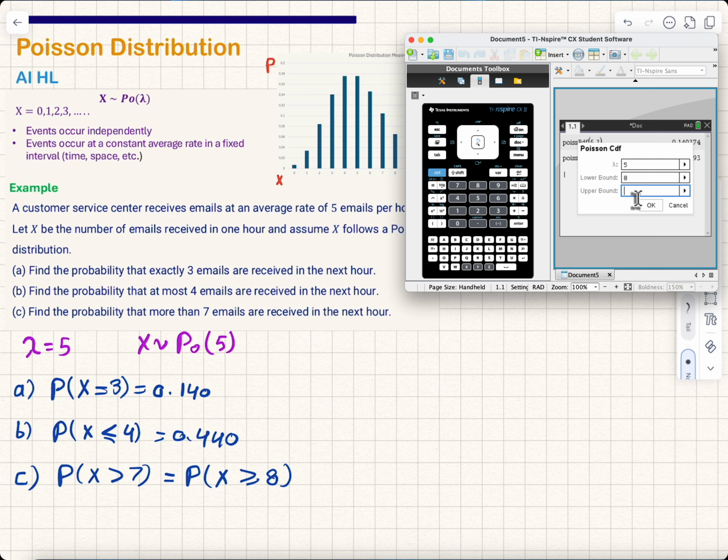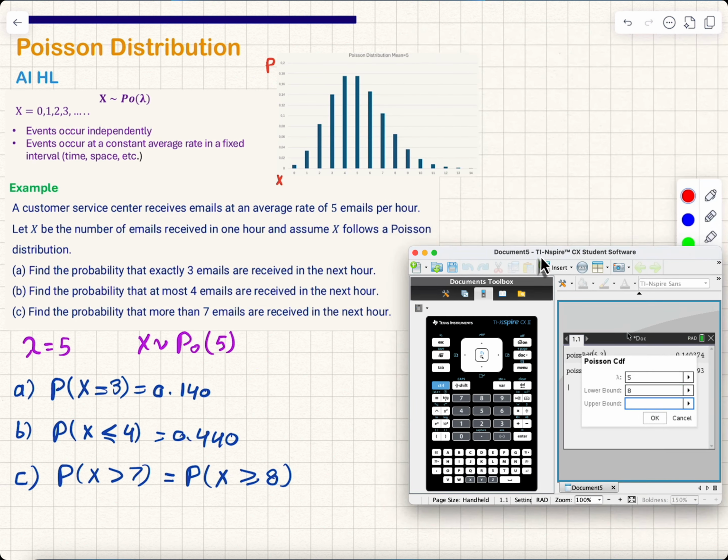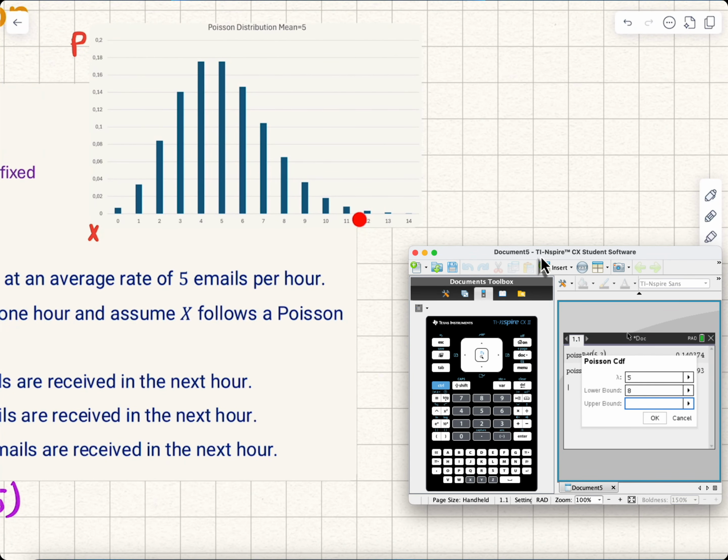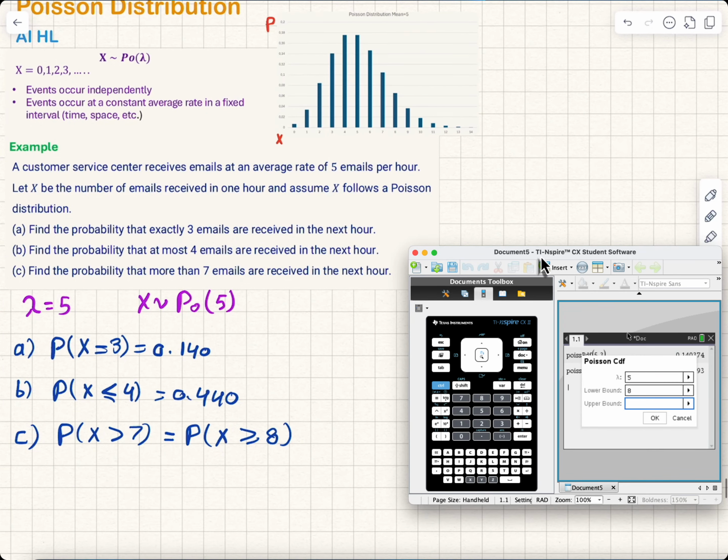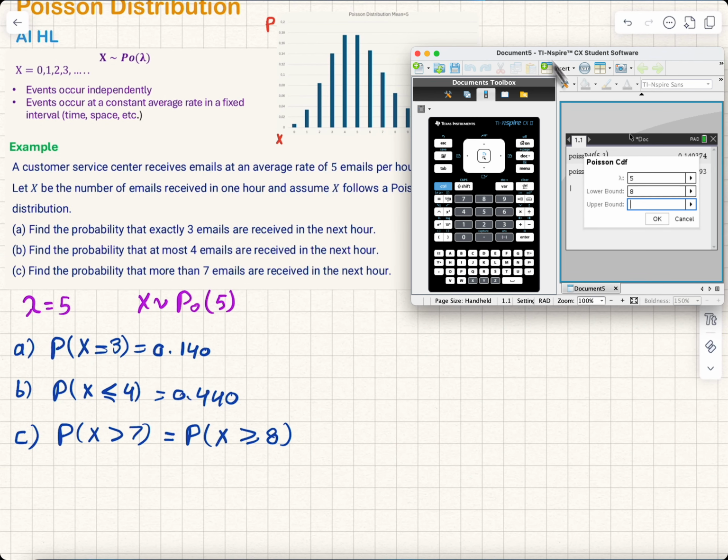But since we cannot input very large numbers in the calculator, we put randomly a large number, like let's say 100. 100 would be very large, because as you see, even here, when the values get bigger than 12 or 13, they will be nearly 0. Not to mention that when you go to 100, they will be very, very small. So randomly as an upper number, we can put 100. Then as you see, the probability will be 0.133 to 3 significant figures.